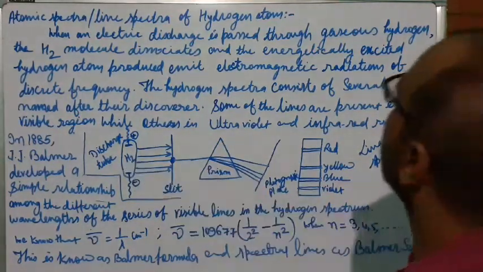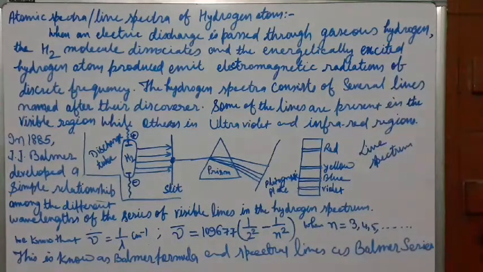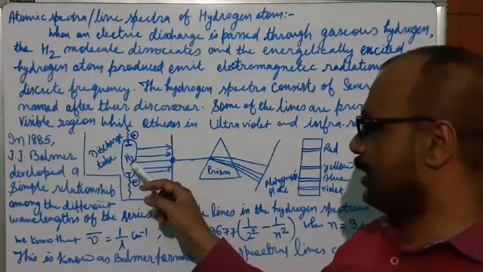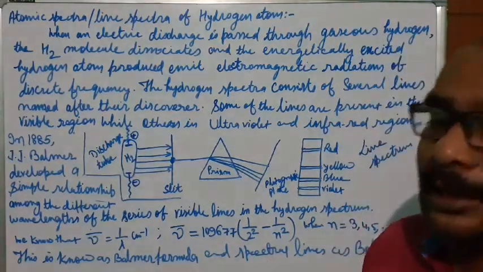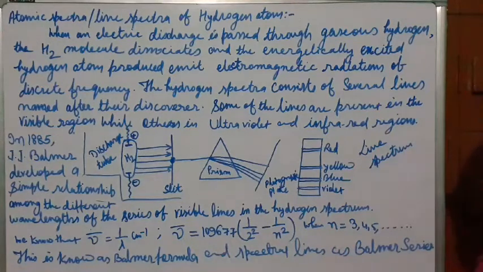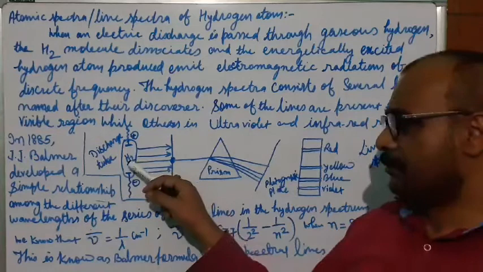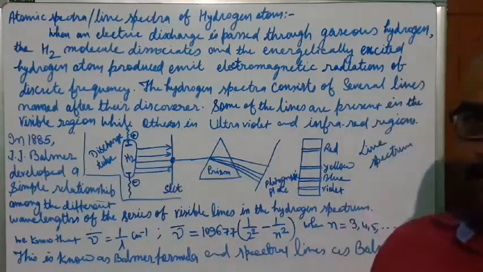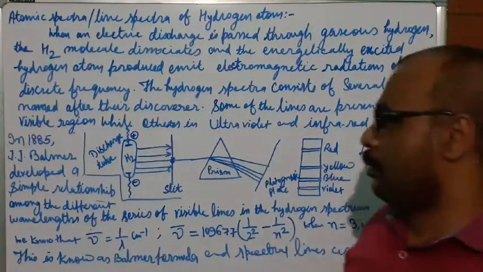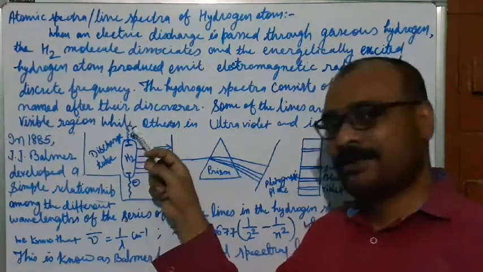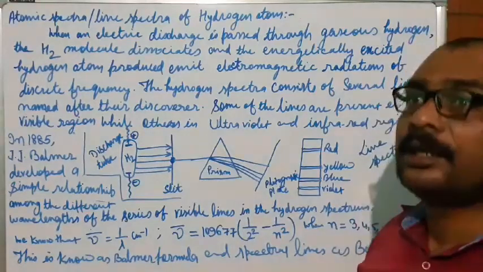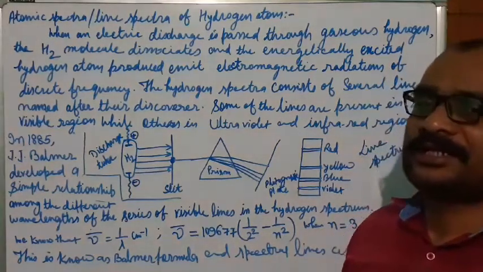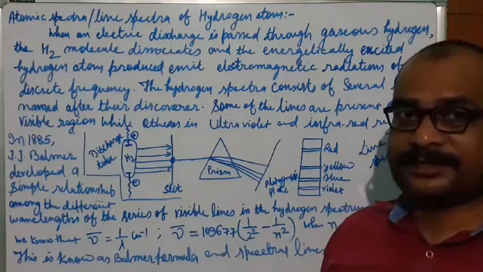Once it is dissociated, it becomes an energetically excited hydrogen atom. So first it was hydrogen gas in molecular form. When a high quantity of electricity is passed through it, this hydrogen molecule dissociates into energetically excited hydrogen atoms.